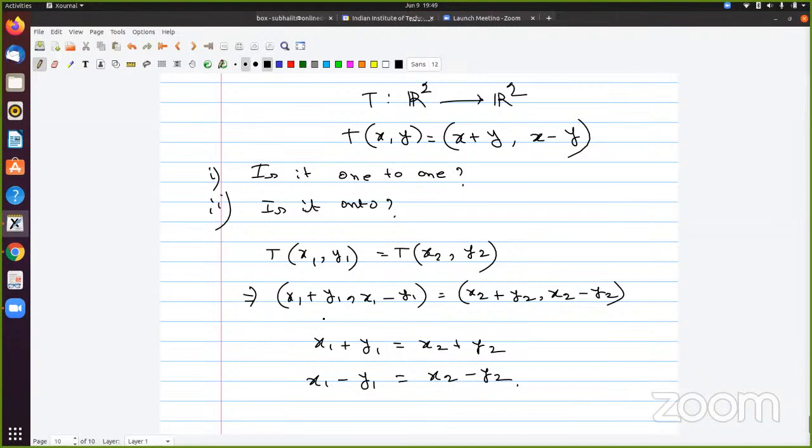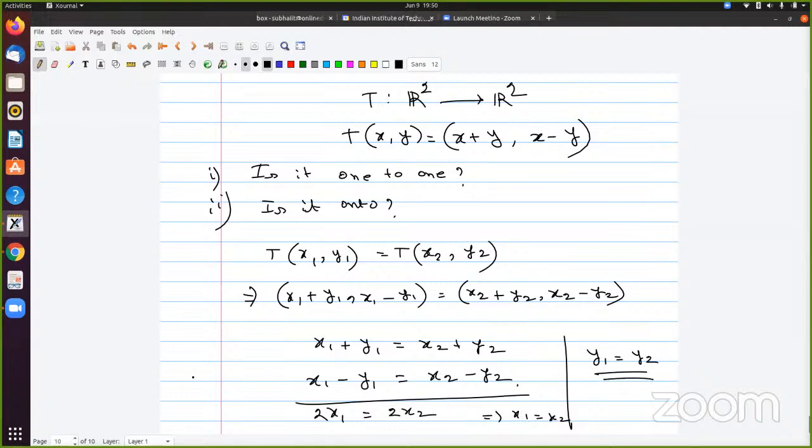If we add these two equations, I am getting 2x1 equal to 2x2, so x1 equals x2. And for the other one, if we put x1 equal to x2 in the first one, we will get y1 equal to y2. So it is one-to-one. So the first one is yes.